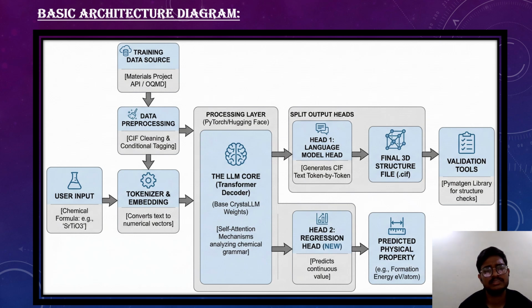The first output predicts the next token in the sequence, which generates the crystal structure in the CIF format. The second output predicts a numerical property of the material, such as formation energy. This architecture allows the system to perform two tasks at the same time: structural generation and property prediction.